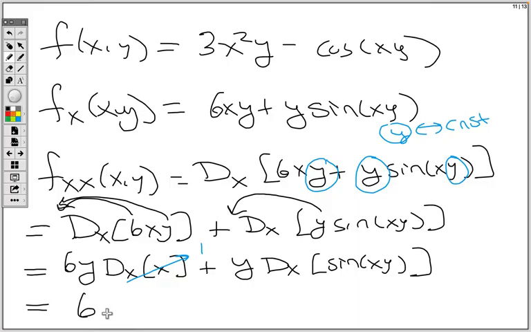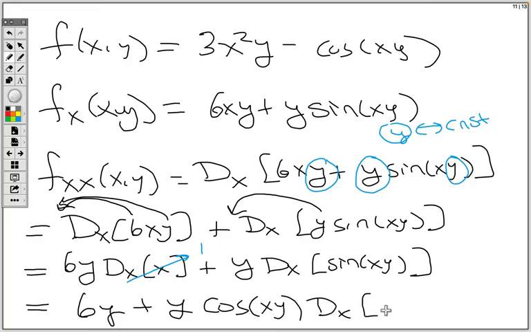So I've got your 6y here, plus y times the derivative of sine of something, which is cosine of that thing, times the derivative of that thing with respect to x. Once again, I treat y as a constant. The derivative of x with respect to x is 1.